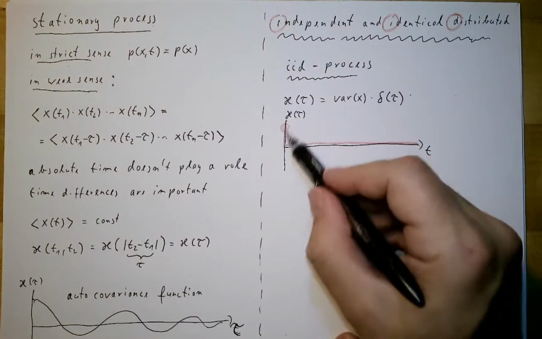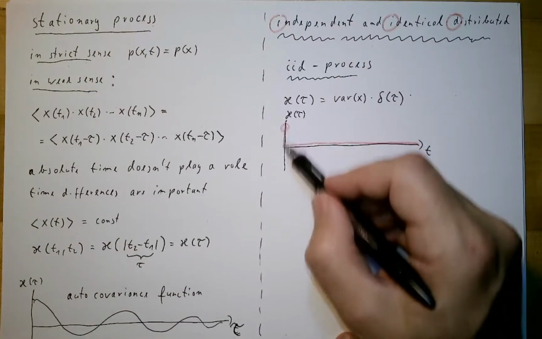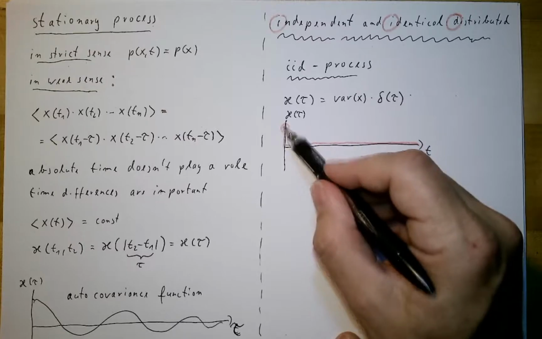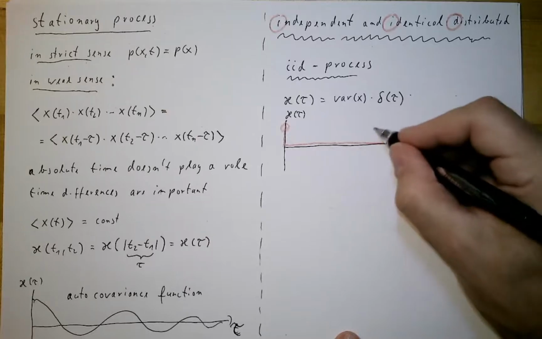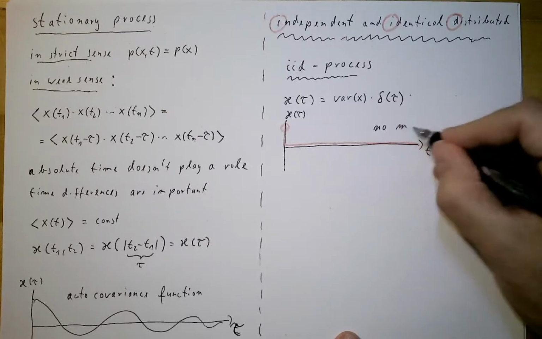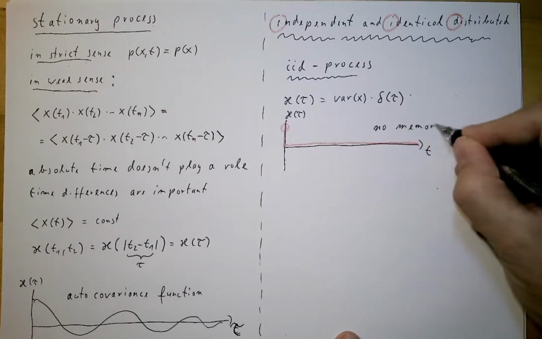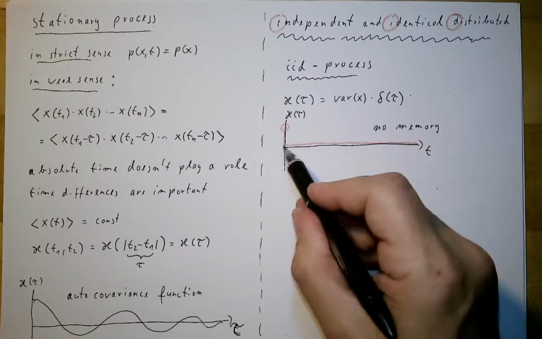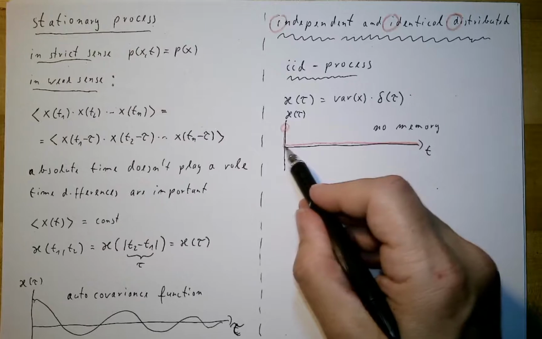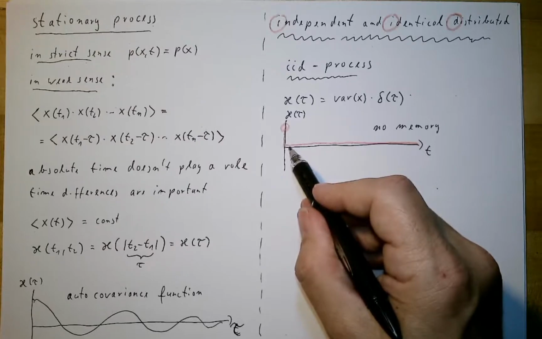So it's just a delta function. We have covariance only for the same point, but then it's always 0. So basically that's no memory. The function directly decays to 0 for the smallest time difference.